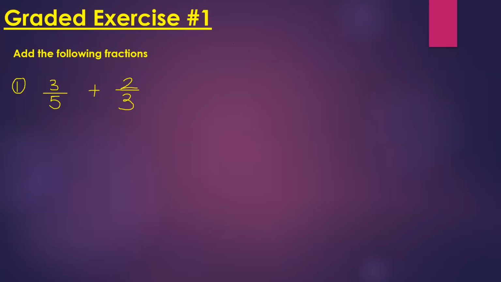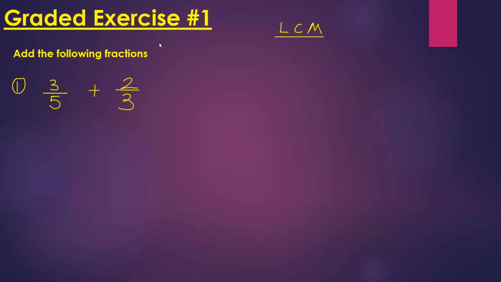All right, so let's do it together. What's the first thing that we have to do, Alasia? Alasia, what's the first thing that we have to do? Find the factors of 5 and 3. Not factors. I don't know who told you factors. I know I didn't.